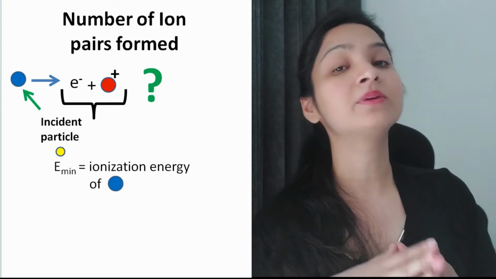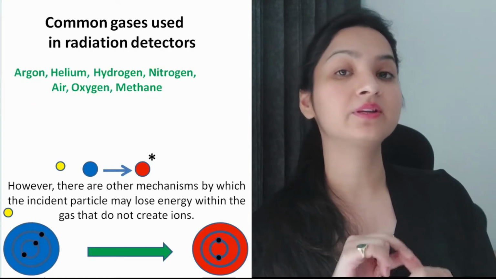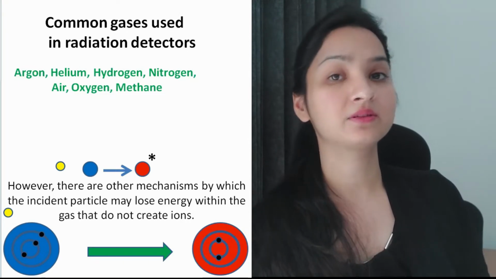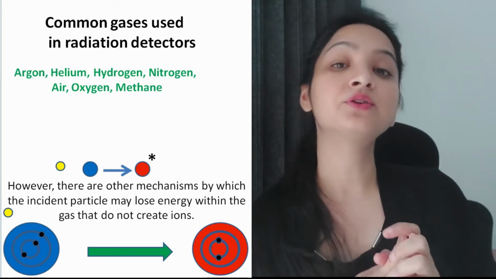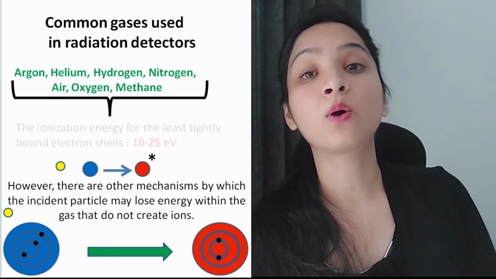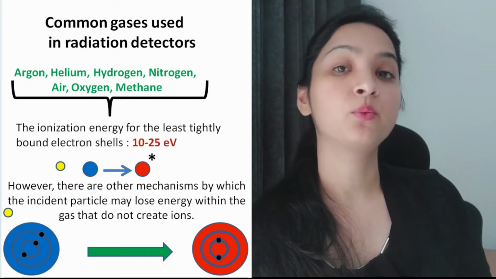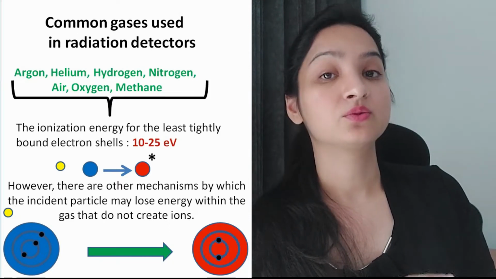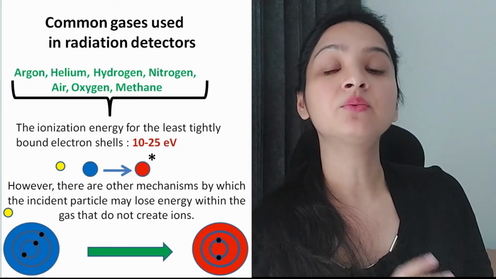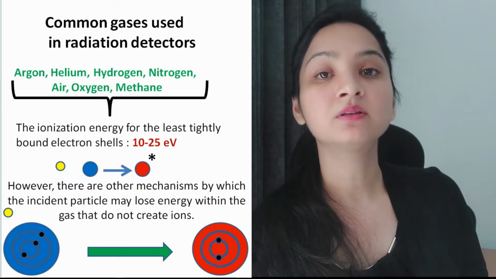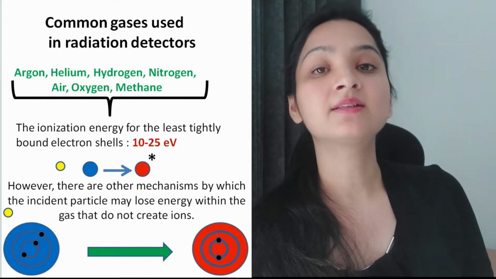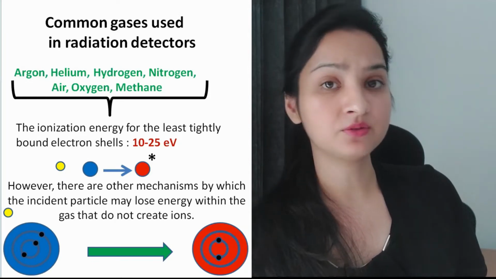So these are some common gases that are used in radiation detectors, and the ionization energy for the least tightly bound electron shells ranges from 10 to 25 electron volt in these gases. The electron which is least tightly bound to the nucleus has a greater probability to be ejected as a result of ionization of the gas.